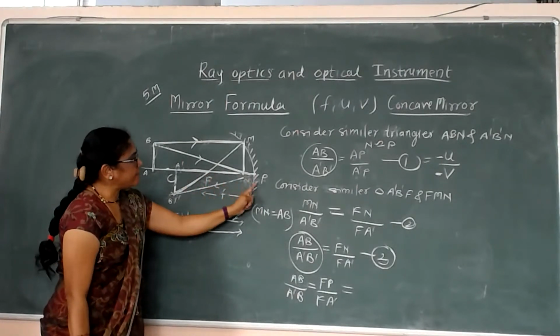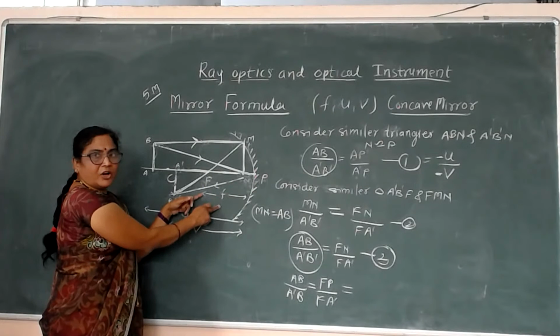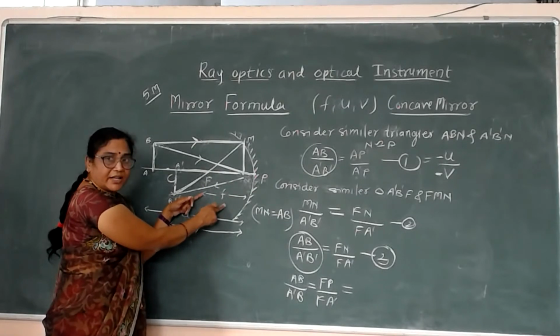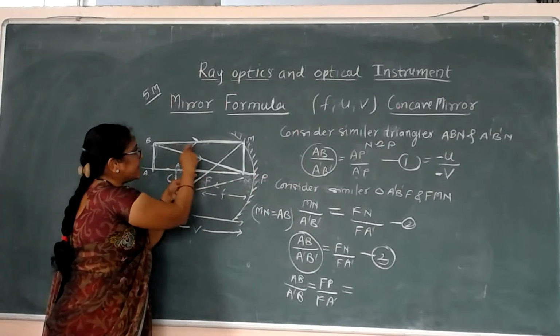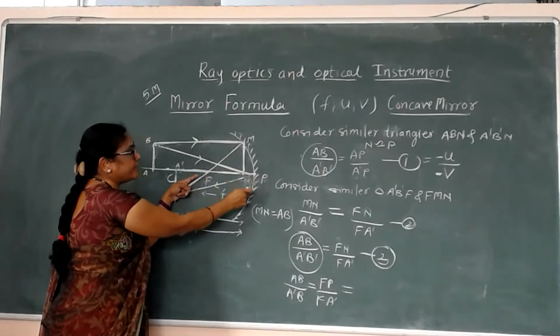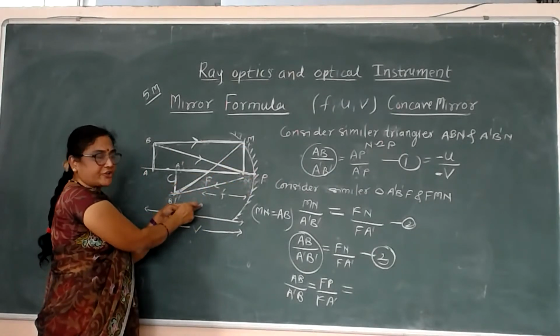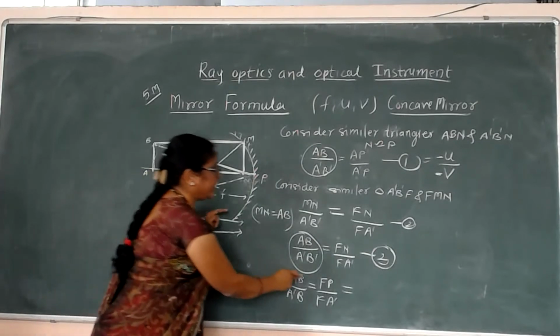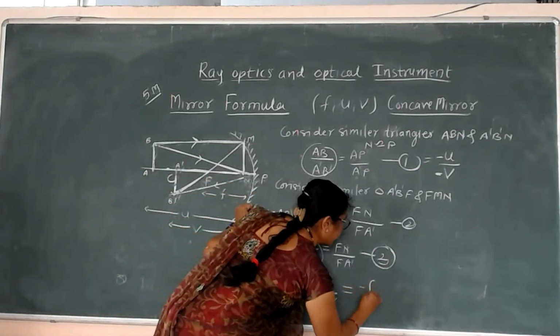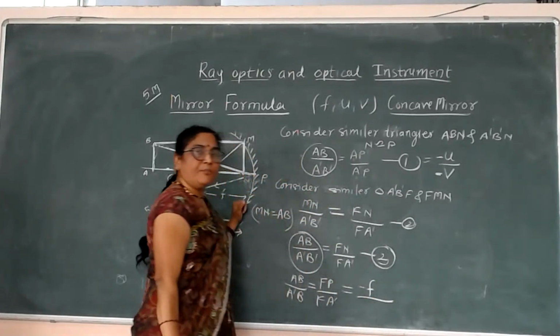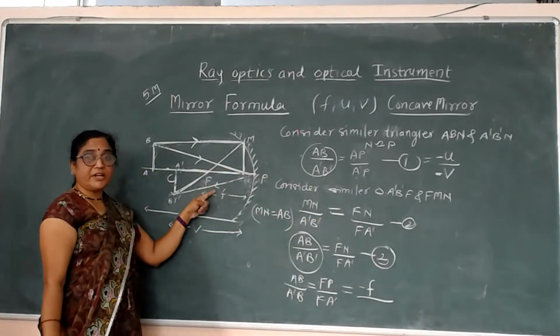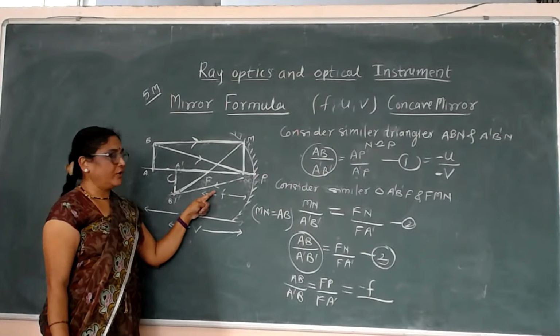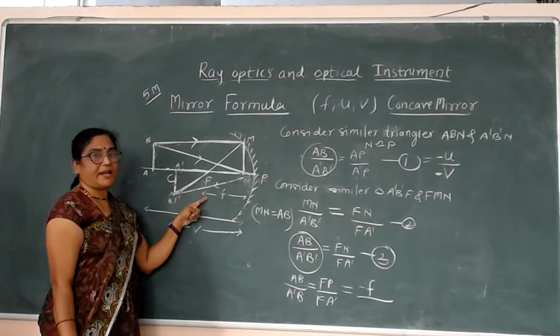First one is FP. What is the meaning of FP here? Focal length. And what about the focal length here? The incident ray is in this direction and we measure the distance in the opposite direction, means this distance is considered to be minus. Therefore, FP is equal to minus F, because all the distances are measured from the pole.